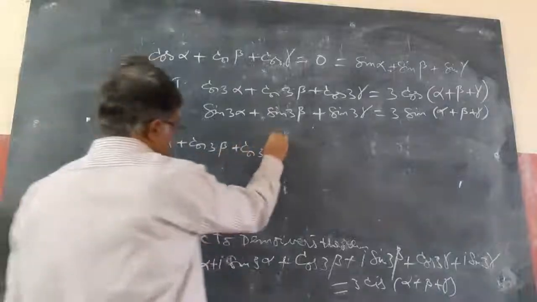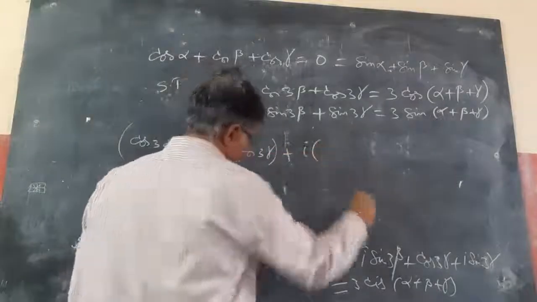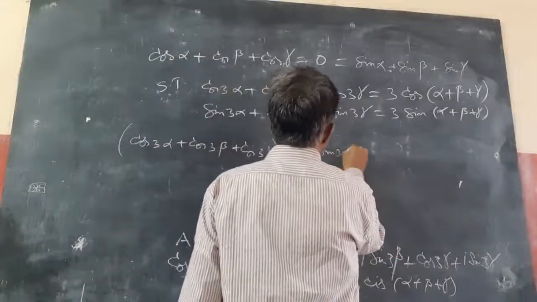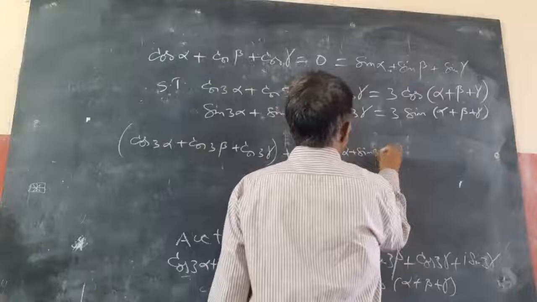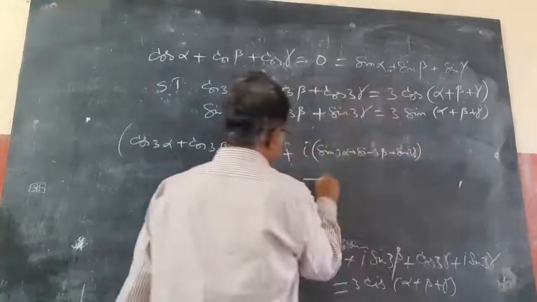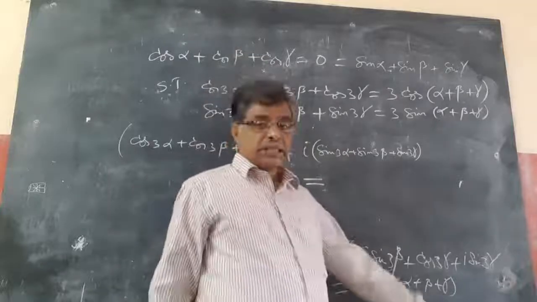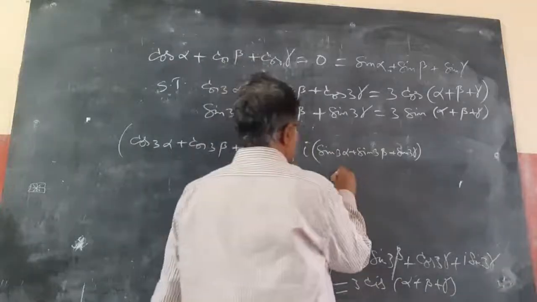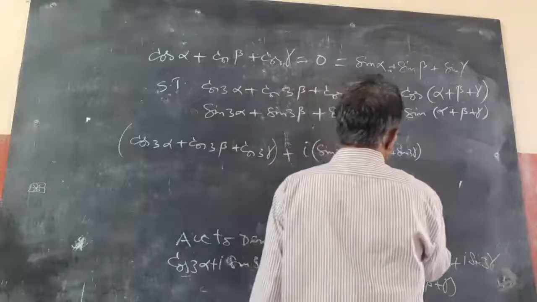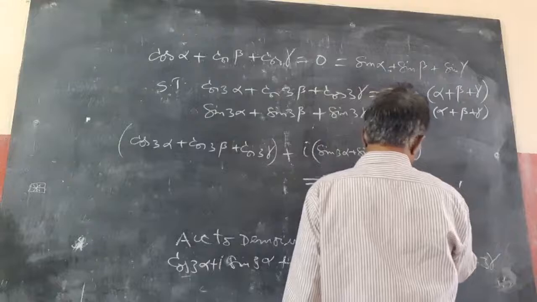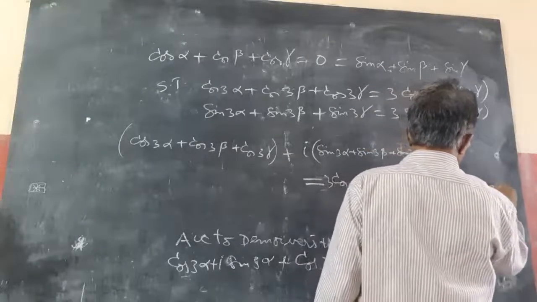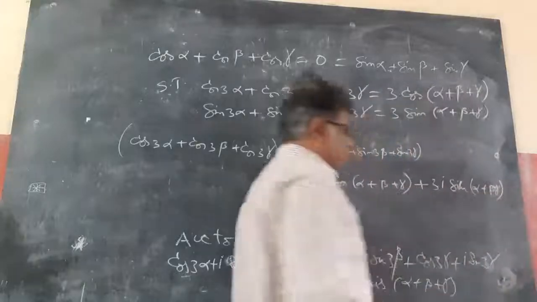This is the real part, plus the imaginary part I into sin 3 alpha plus sin 3 beta plus sin 3 gamma, equal to the RHS side, which is 3 into cis of alpha plus beta plus gamma, means 3 cos of alpha plus beta plus gamma plus 3I into sin of alpha plus beta plus gamma.